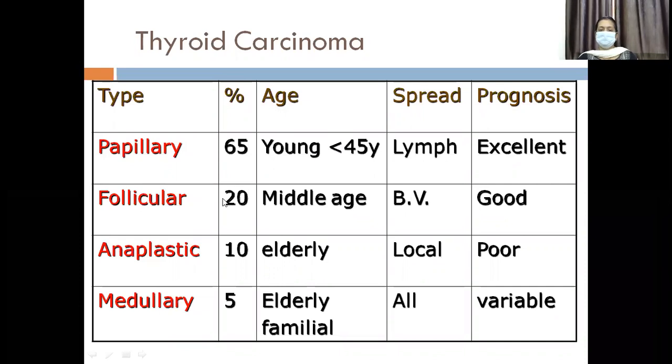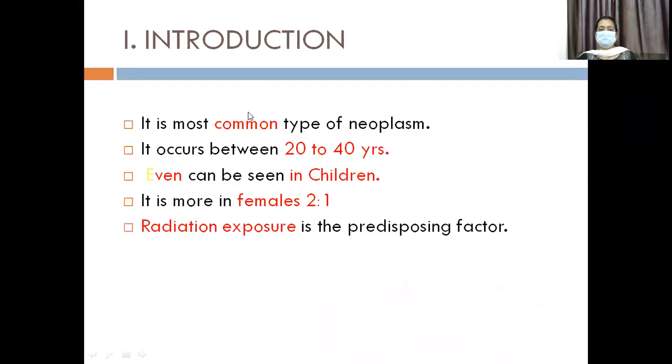Follicular, 20% of the whole thyroid carcinoma seen in middle age, blood vessel spread, it has a good prognosis. Anaplastic and medullary are a little rare carcinomas, usually in the elderly age group, with variable and poor prognosis.